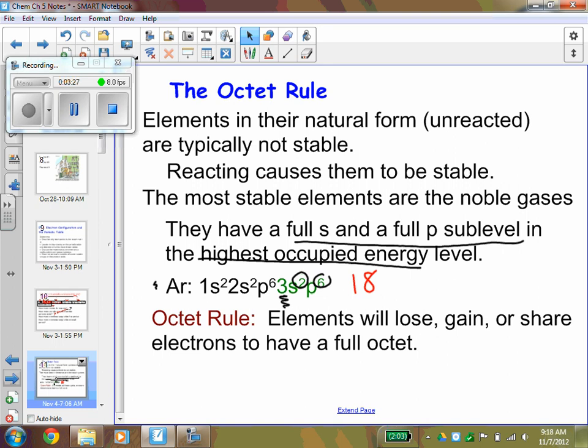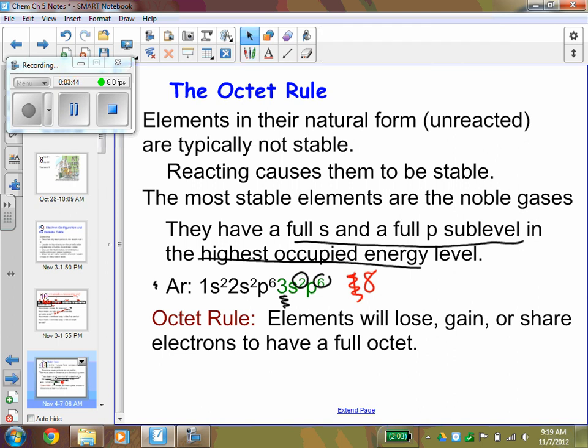Having a full octet is a very stable thing in nature. Elements will lose, gain, or share electrons in order to have this full octet of 8 electrons. I put 18, it's really 8.